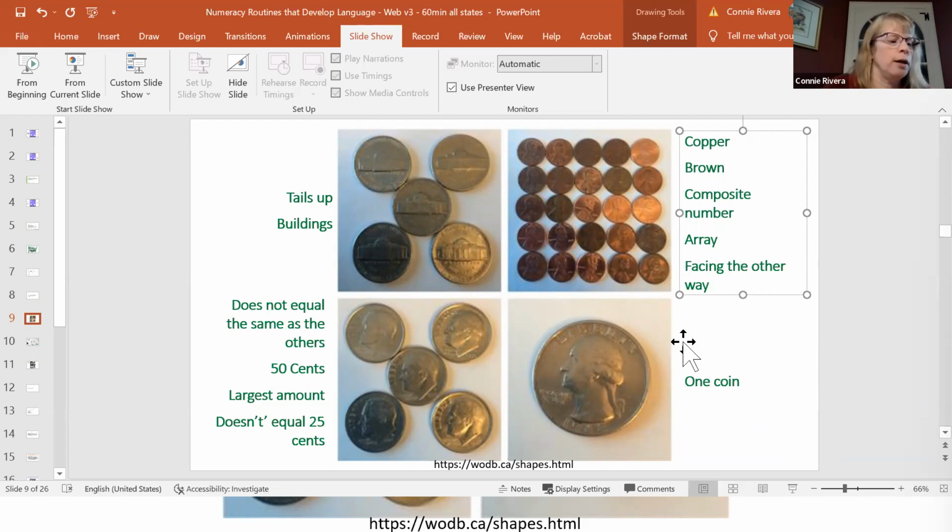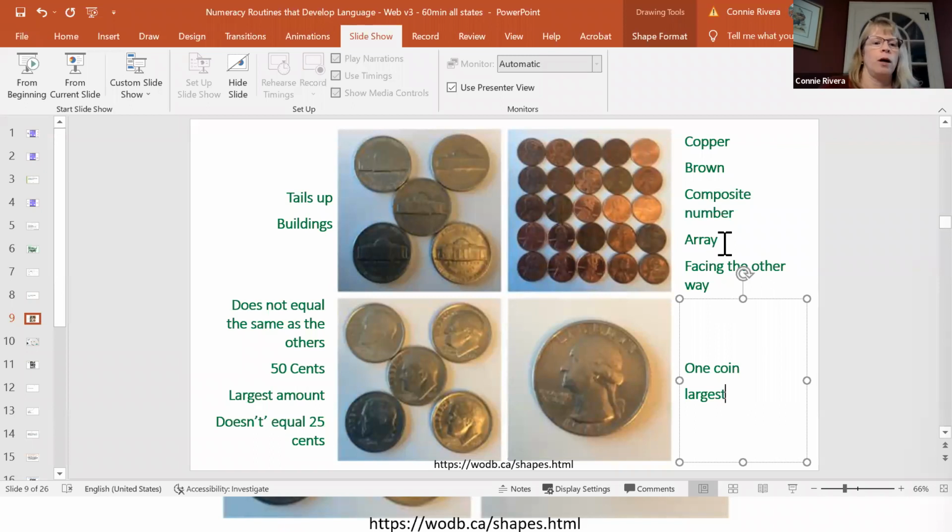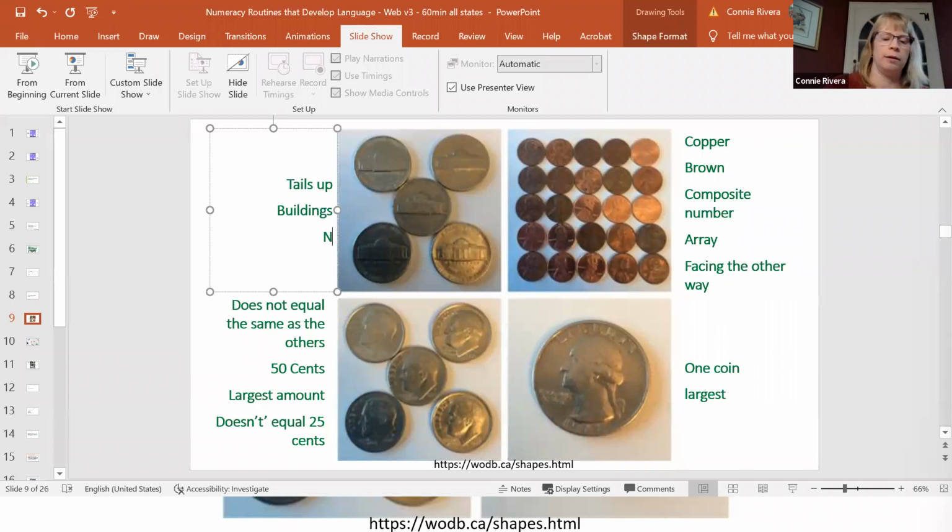It's 1 coin and it's the largest. I was using array in the very mathy sense of like rows and columns.